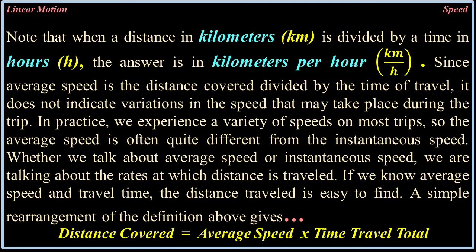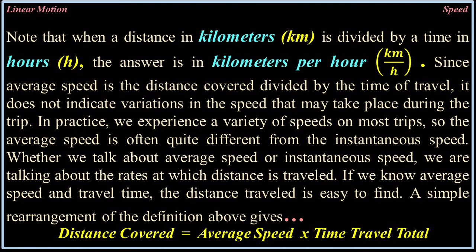Note that when a distance in kilometers is divided by a time in hours, the answer is in kilometers per hour. Since average speed is the distance covered divided by the time of travel, it does not indicate variations in the speed that may take place during the trip.